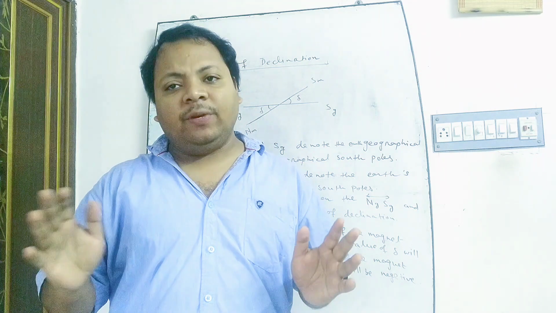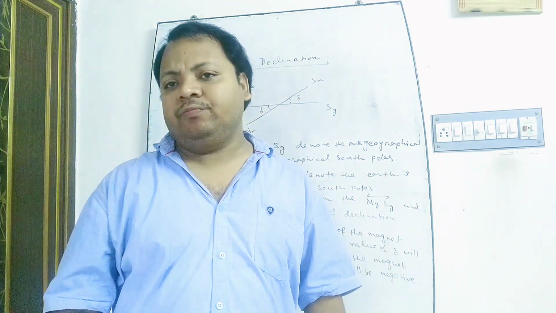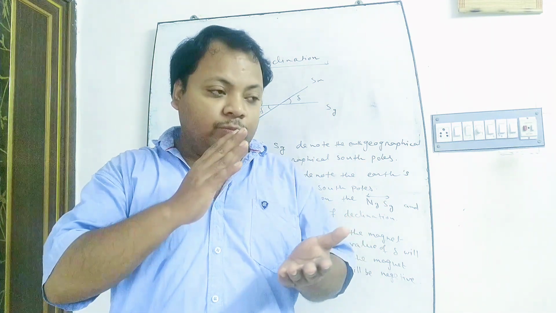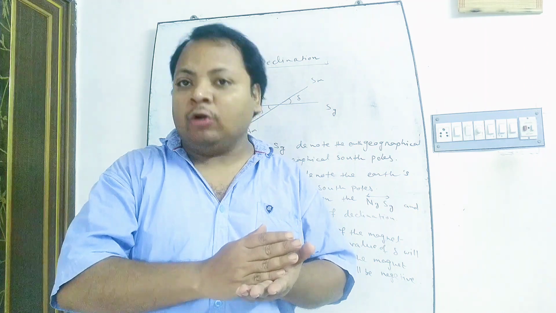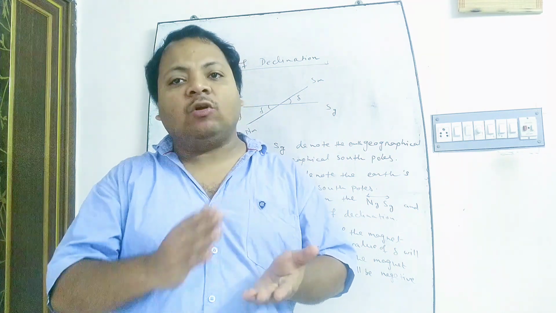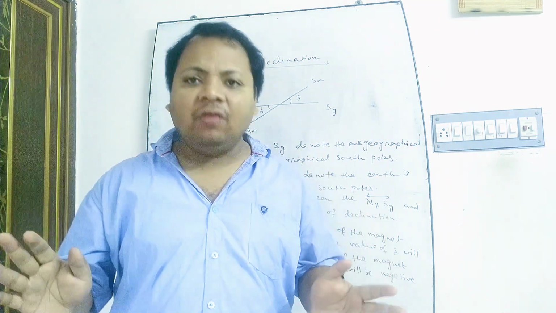It is placed somewhere in Australia. That's why we can say that the geographic north pole and south pole and the earth's magnetic north pole and south pole are not the same. It is slightly different.